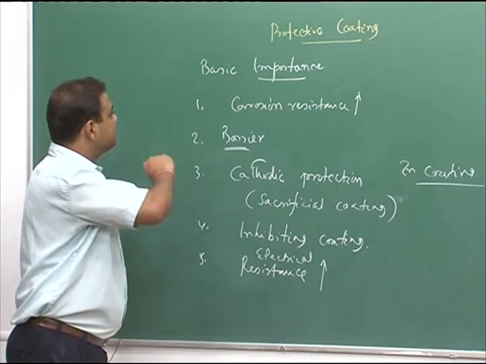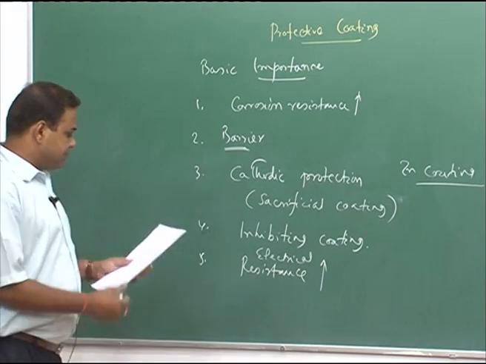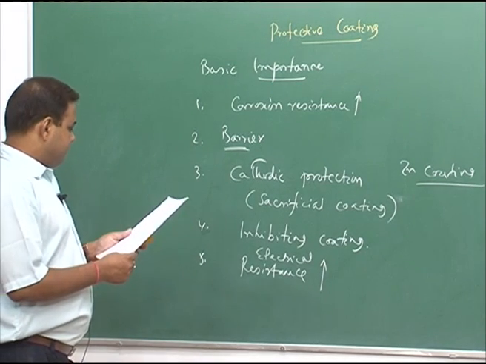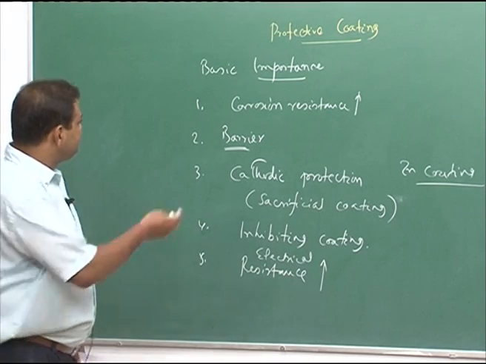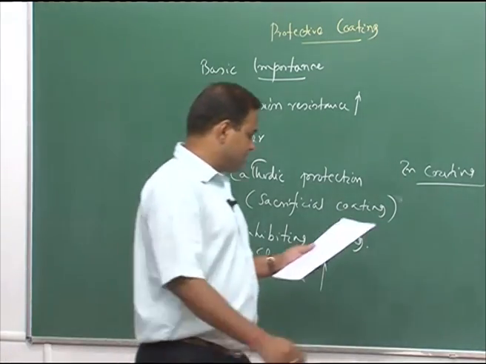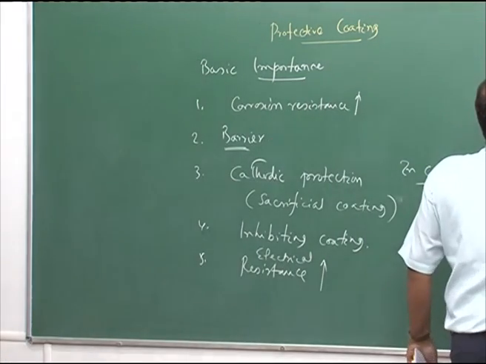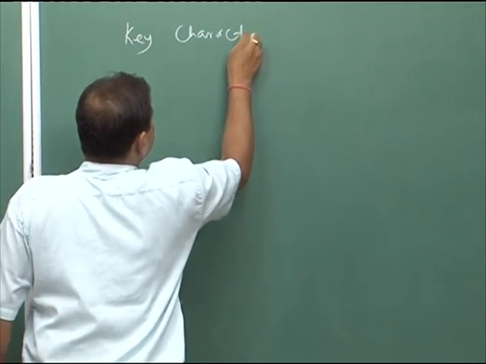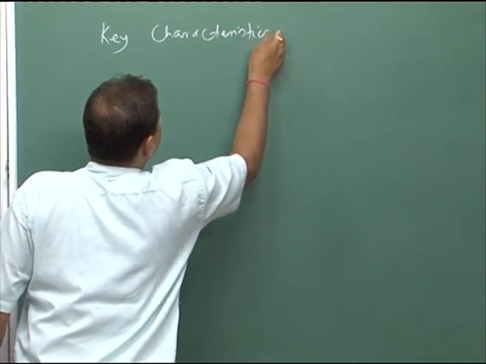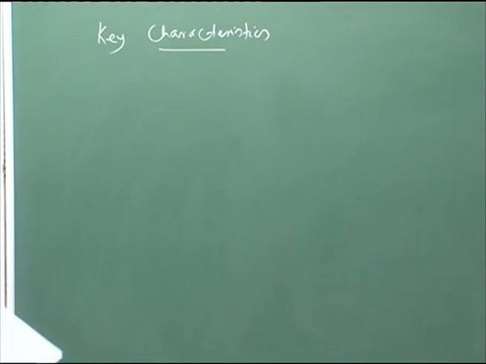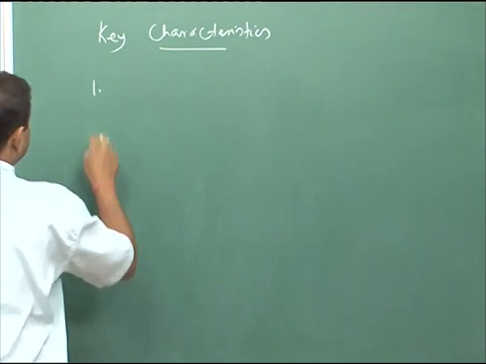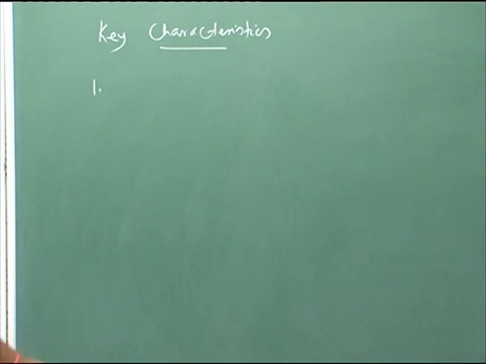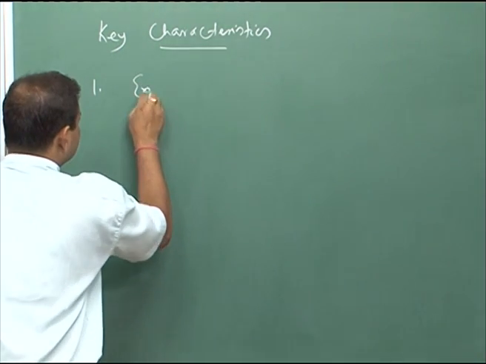So, these are the main importance of protective coating, and then the key characteristics of the coating. They should provide good or excellent corrosion resistance.